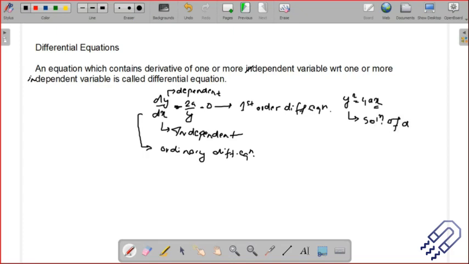This is something we already know. Maybe you are given a differential equation like this and asked to solve it, and you see that the solution is y squared = 4ax. If you are integrating, you'll get some constants, and then you use boundary conditions to find the answers.